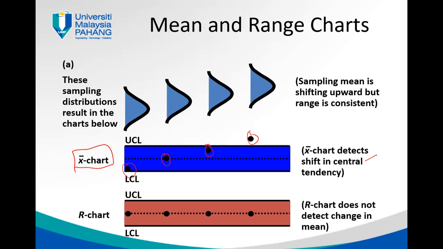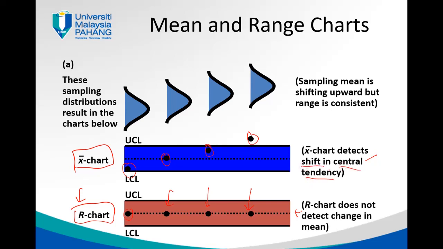But if we just use the R chart, for example, we cannot detect the changes in terms of the central tendency. If we look at the range, it is quite stable at the central range point. So if we just use the R chart, we cannot detect the shift or the changes in the central tendency.